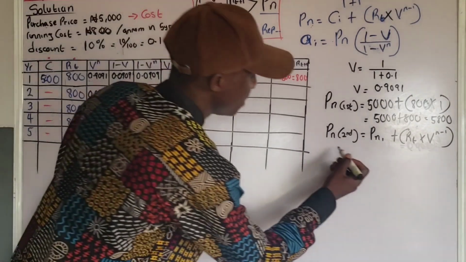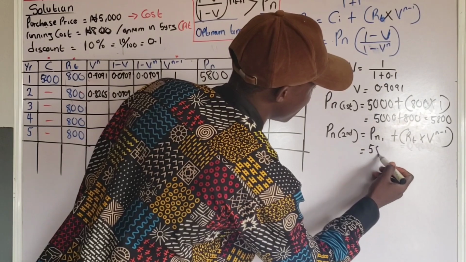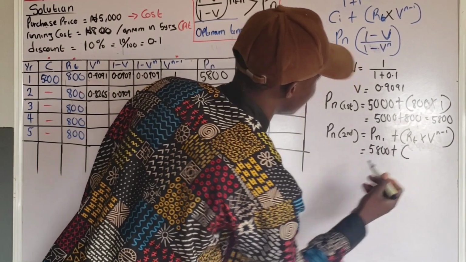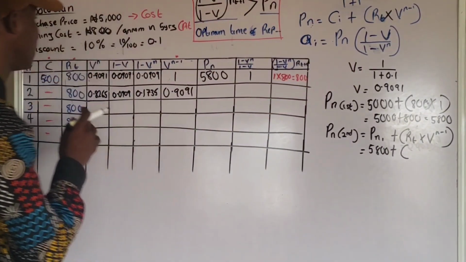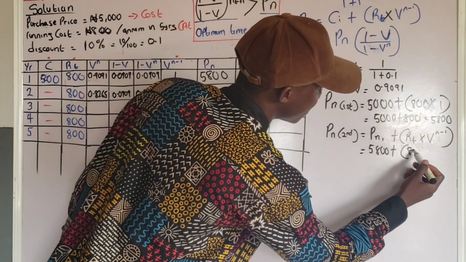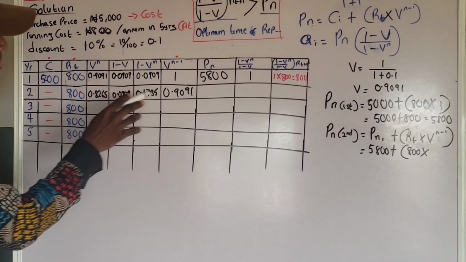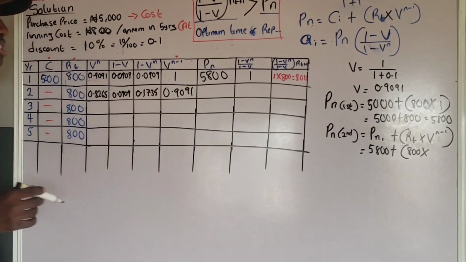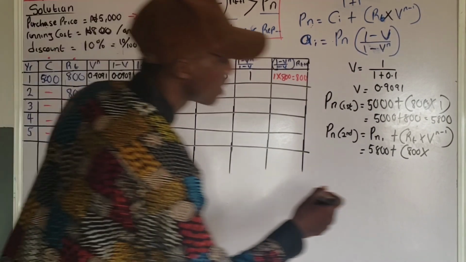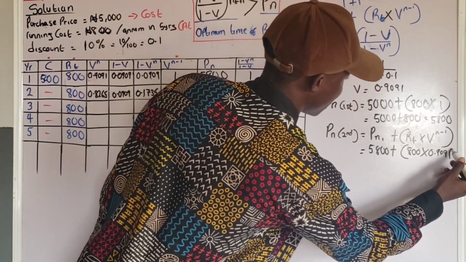Okay, so the Pn of the second year will be, the Pn of the first year is 5,800. So I'm going to have 5,800 plus RT. RT is the running cost, and the running cost for the second year is 800. So I'm going to have 800 multiplied by v raised to the power of n minus 1, which for the second year is 0.9091.